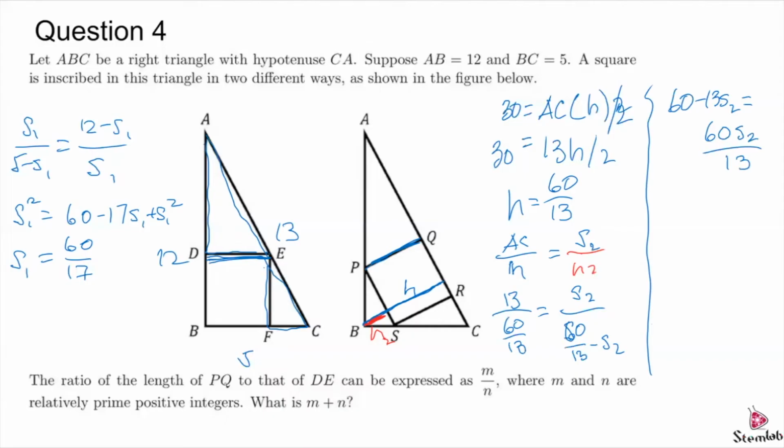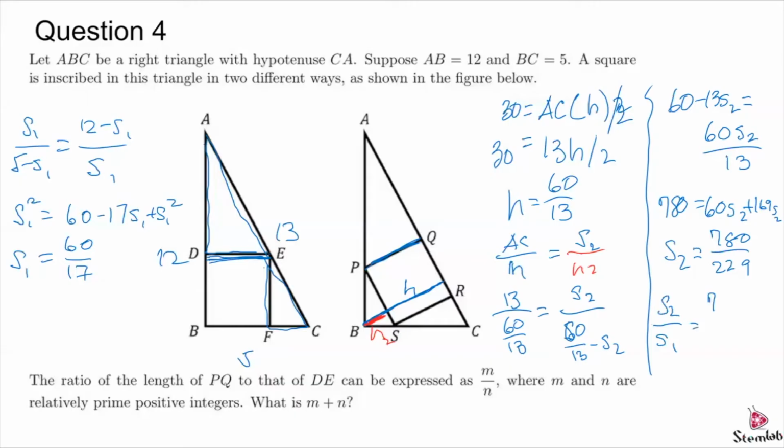So that means that 780 is equal to 60 S2 plus 169 S2, or S2 is equal to 780 over 229. So we want the ratio of that S2, which is basically PQ, to that of DE. So we want basically the ratio of S2 over S1.